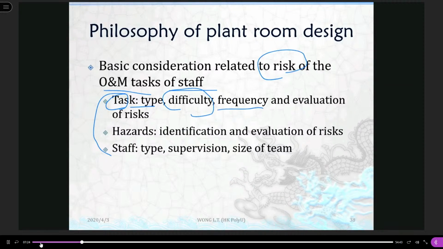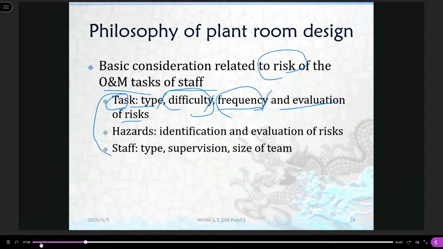Every day, every hour, or just once per year, such as a yearly inspection, or once a quarter, once a month, or just once in a building lifetime. For example, replacement of some equipment, maybe once every 15 or even 20 years. This frequency is also important in relation to the design provisions. For those of the types, difficulty, and frequency, we will evaluate the risk of the task.